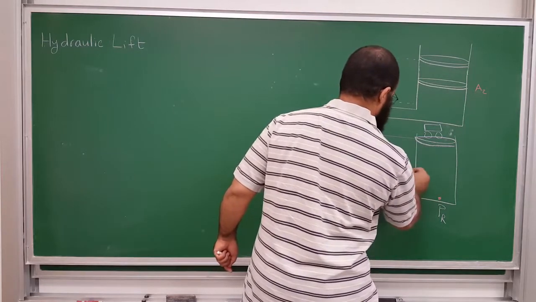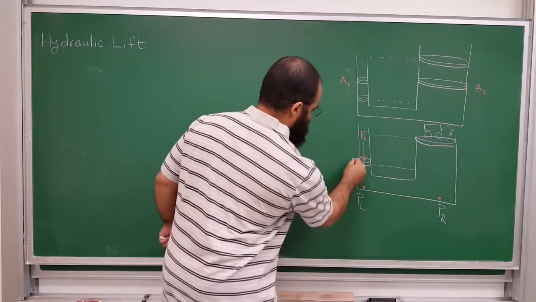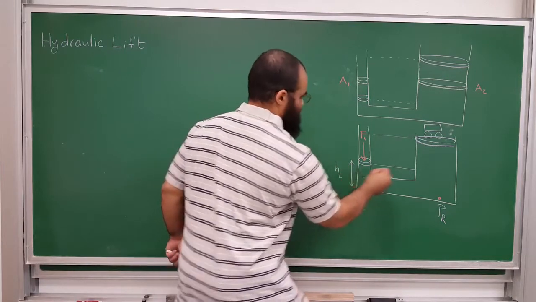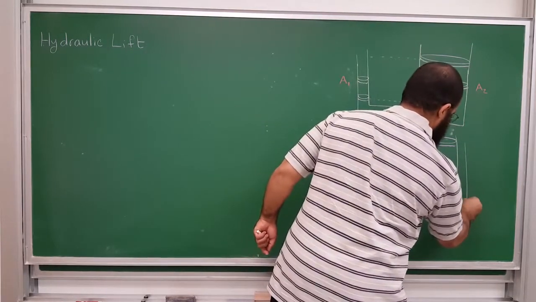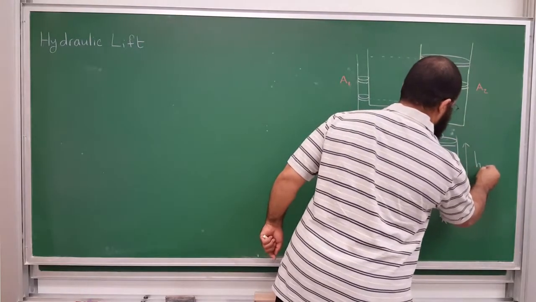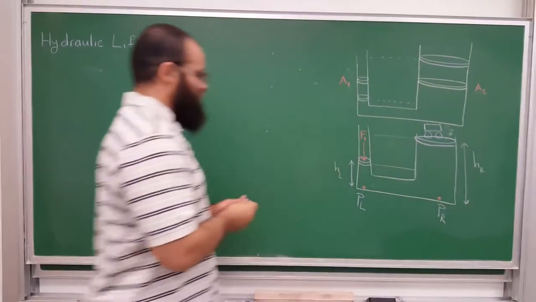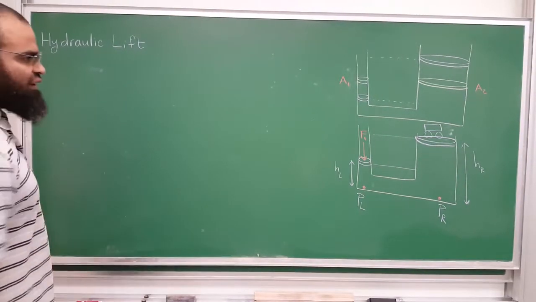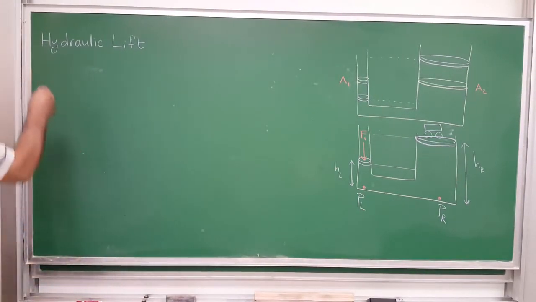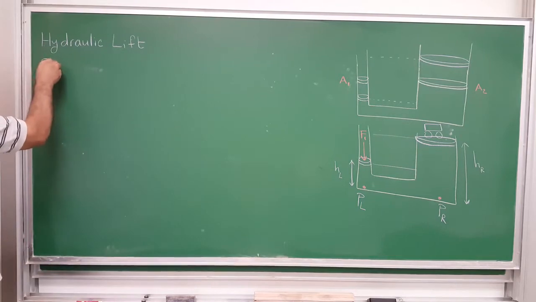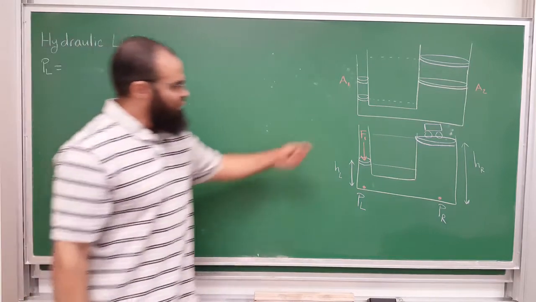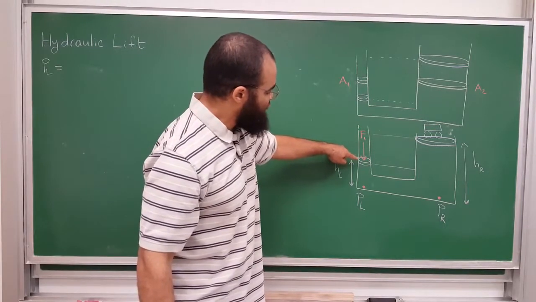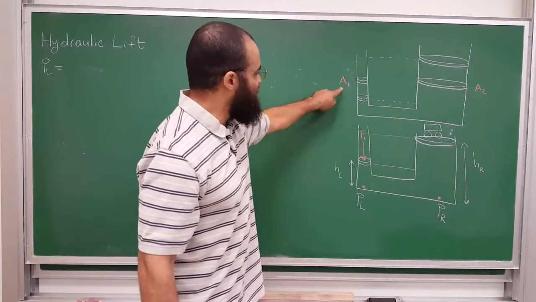This is H, so this is H from the left, and this is H from the right. Let's calculate the pressure on the left, the pressure on the right, and then we'll set them equal, because at the same level, it has to be the same pressure. So the pressure on the left will be atmospheric pressure plus the pressure due to the force, which is force divided by area 1.